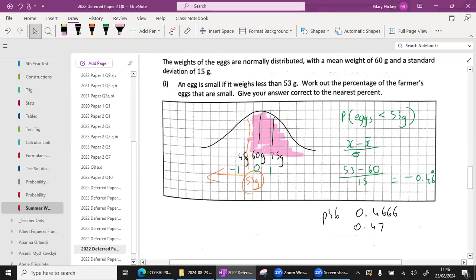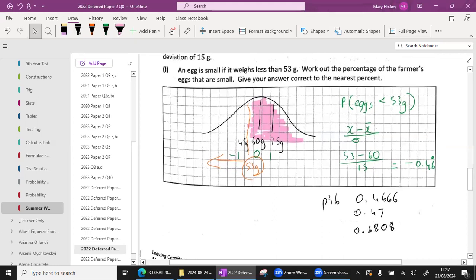So when I look that up on page 36, 0.47, I'm reading here is 0.6808. Now, again, that makes sense because we're talking about the pink section. You see the way it's more than halfway? So that explains why it's 0.68.